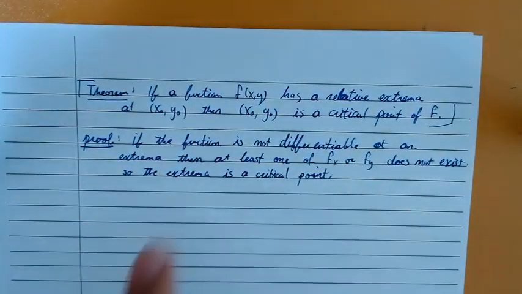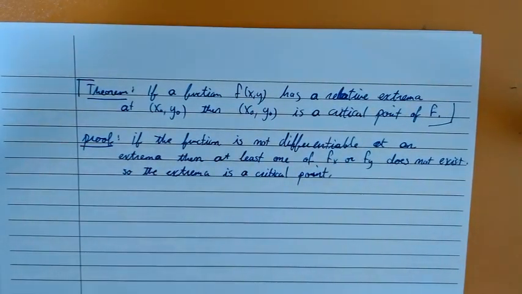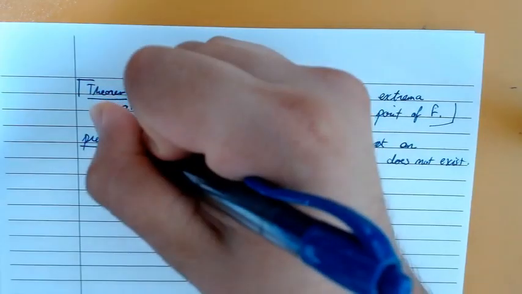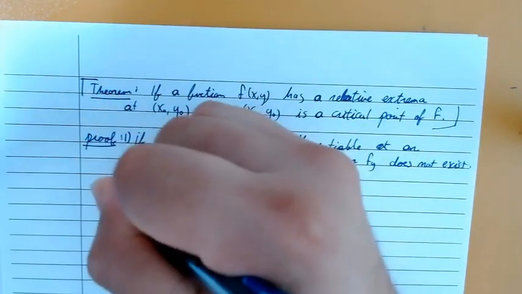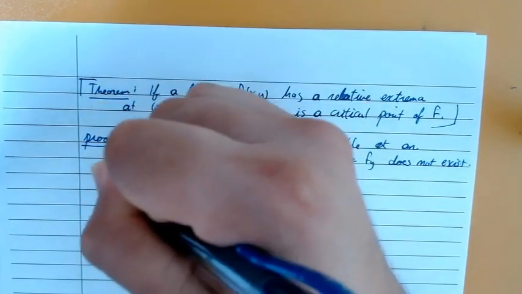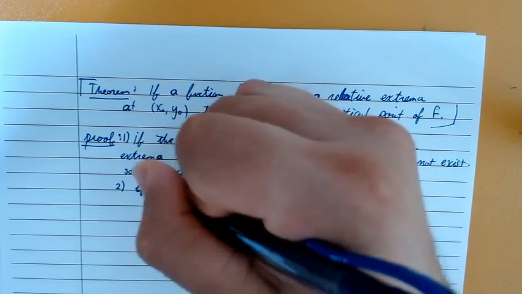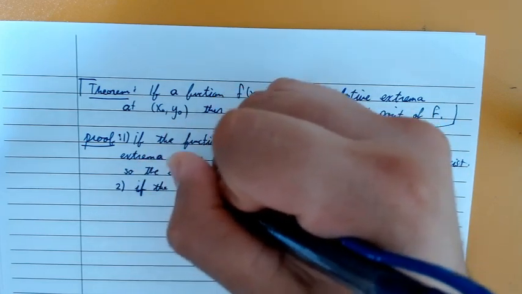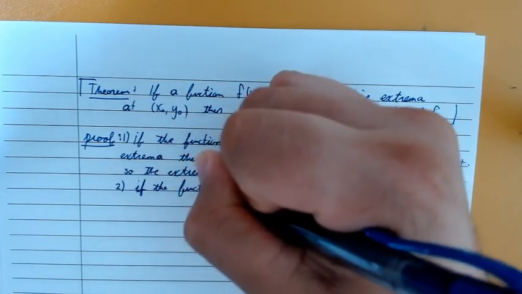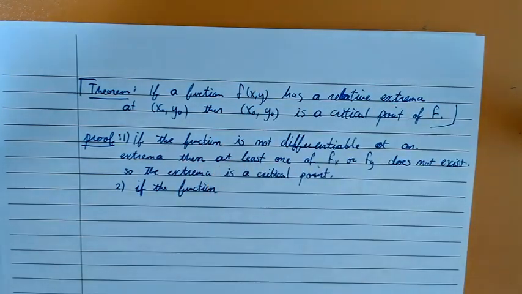Okay, well, what if it is differentiable? On the other hand, I'm proving this in two parts, 1 and now 2. If the function is differentiable, those are the only two possibilities. Either it's not or it is.